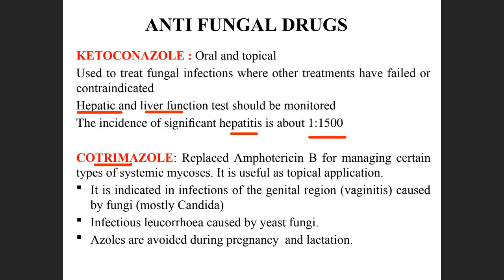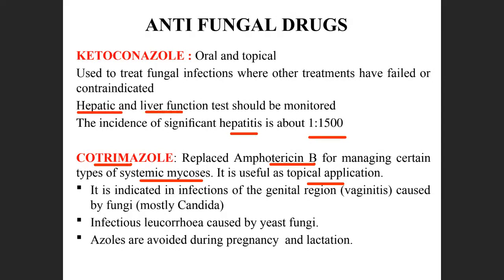Next is clotrimazole. Clotrimazole is also prescribed when other medications are not working, and especially it has replaced amphotericin B. Because of the adverse effects of amphotericin B, clotrimazole is now used for systemic mycosis, and it is also used topically.